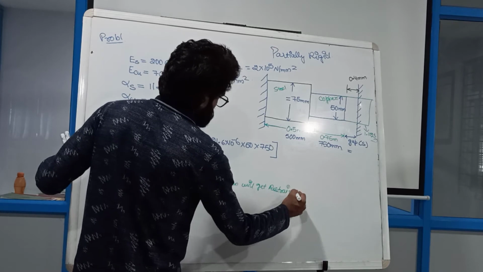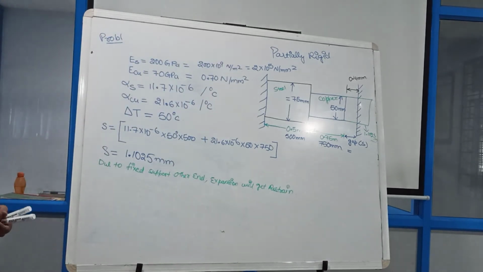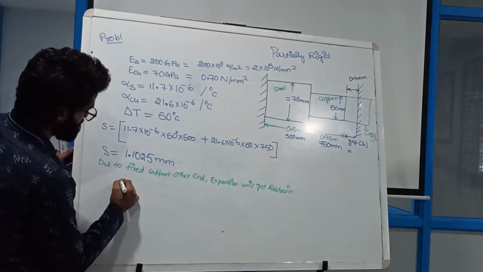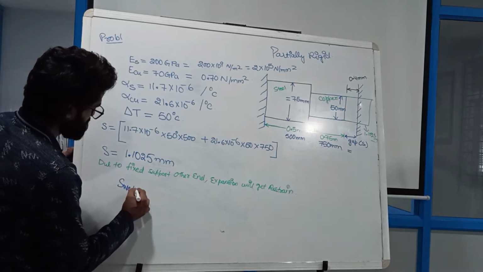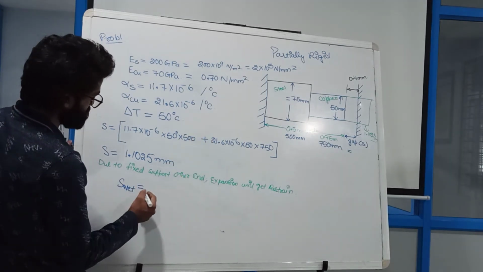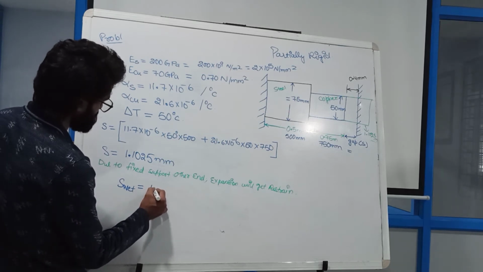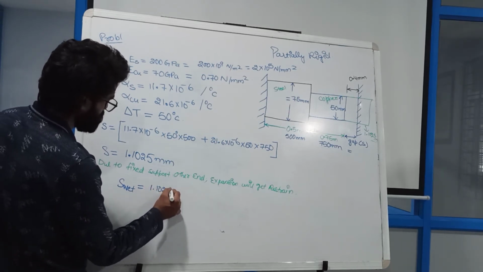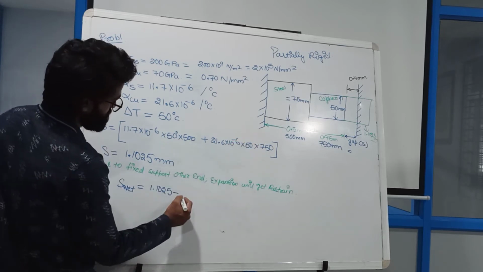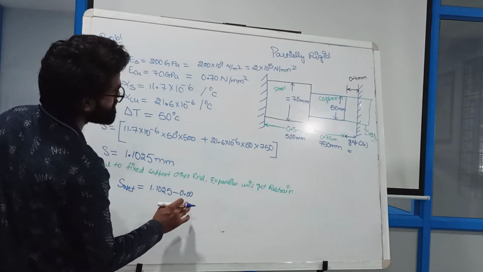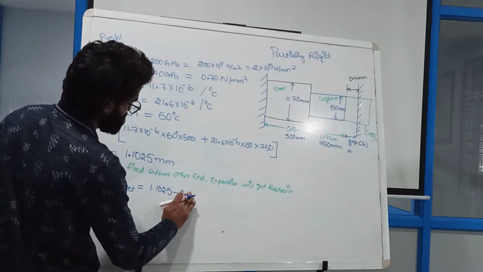So if the expansion gets restrained, how much expansion am I going to get? Delta net is equal to how much? You all know that it is going to be 1.1025 minus 0.00, how much is it? 0.04.